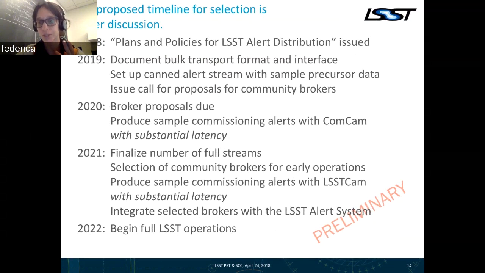The transient community is commissioning themselves in the sense of how they absorb the output of the brokers and how they organize the follow-up, and all that is also time critical for us. Right, to optimize science production in the full observing phase. Yep. I rest my case.